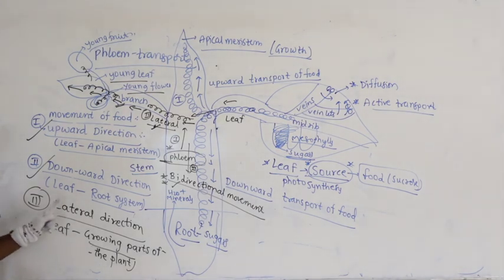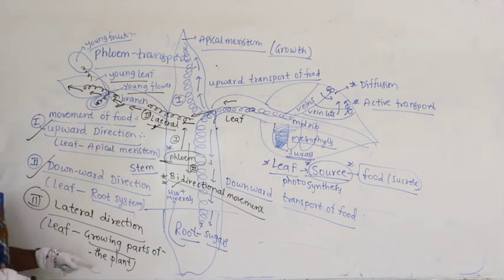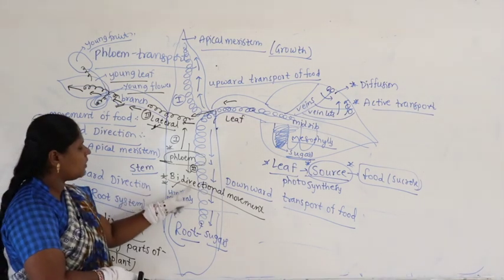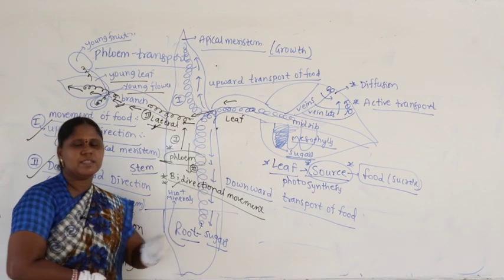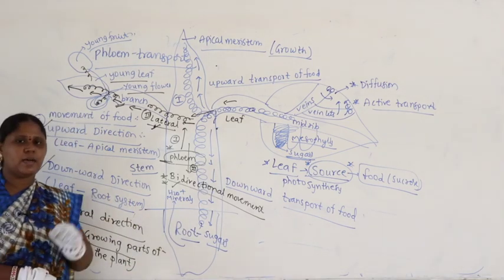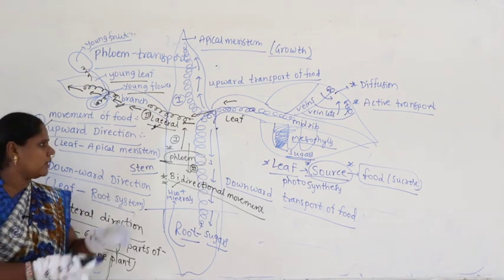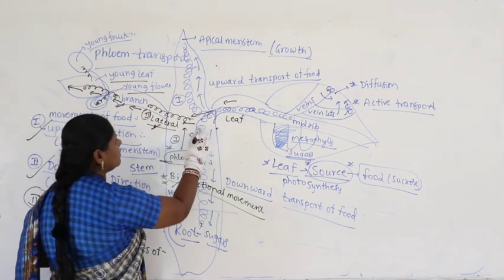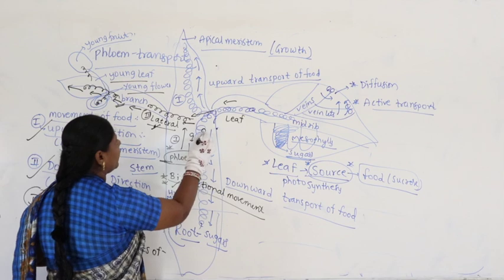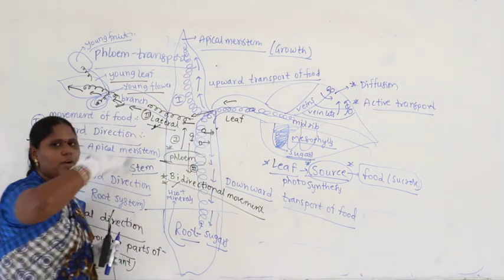So, this is called lateral direction. That is why we say phloem is not only bidirectional, we say multidirectional. Sometimes the question will come: multidirectional. Some of the minerals undergo random movement. Some of the minerals or the ions show what is called random movement. They keep moving in all directions.